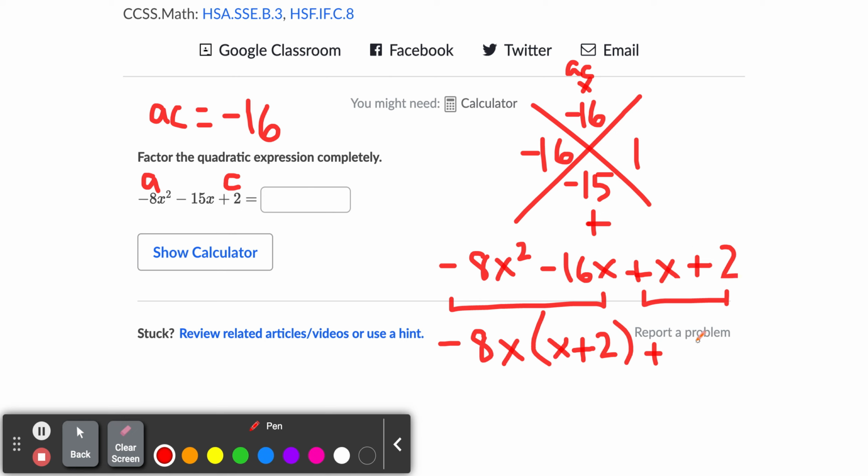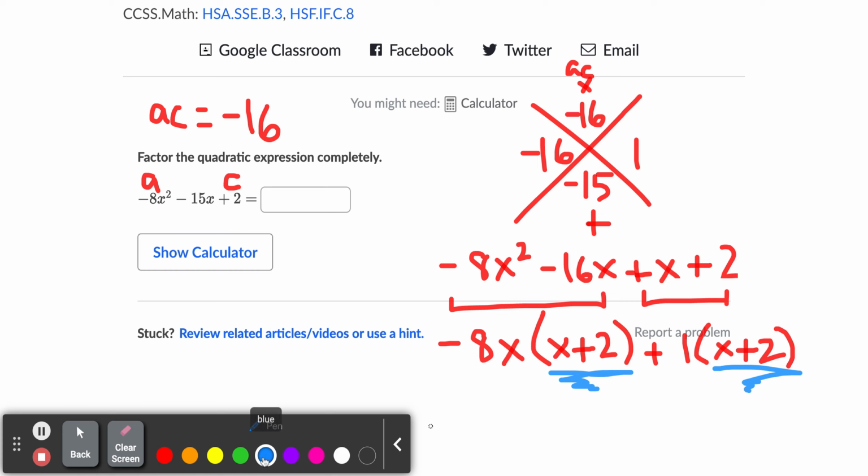But at the same time, I'm going to rewrite it this way. So look, this is very important. I'm going to write this as a 1 times x plus 2. And there's definitely going to be a reason why. The reason we do that is we essentially have now two of the same factors. So imagine this said something simpler. Imagine this said negative 8x times a plus 1a.